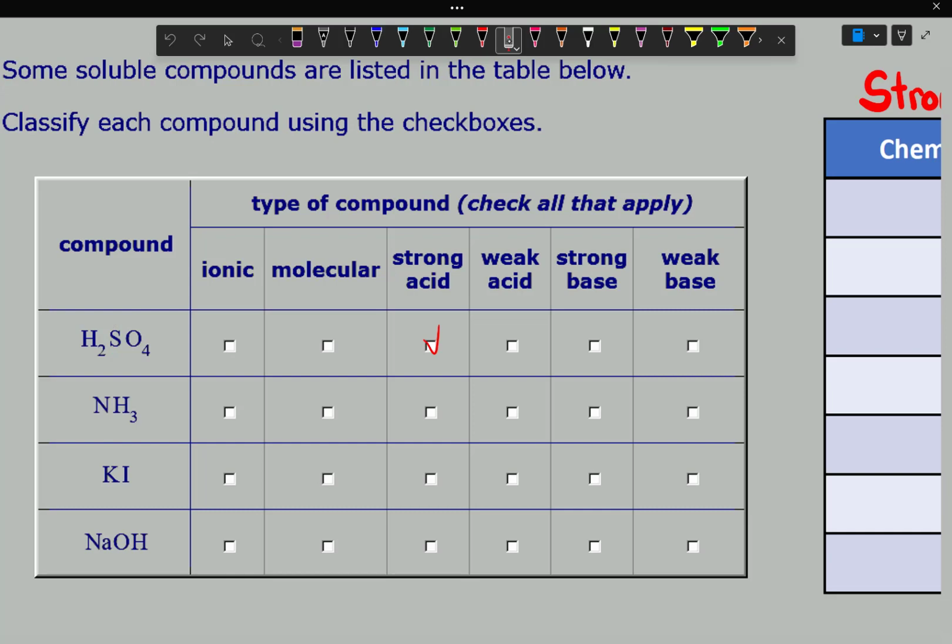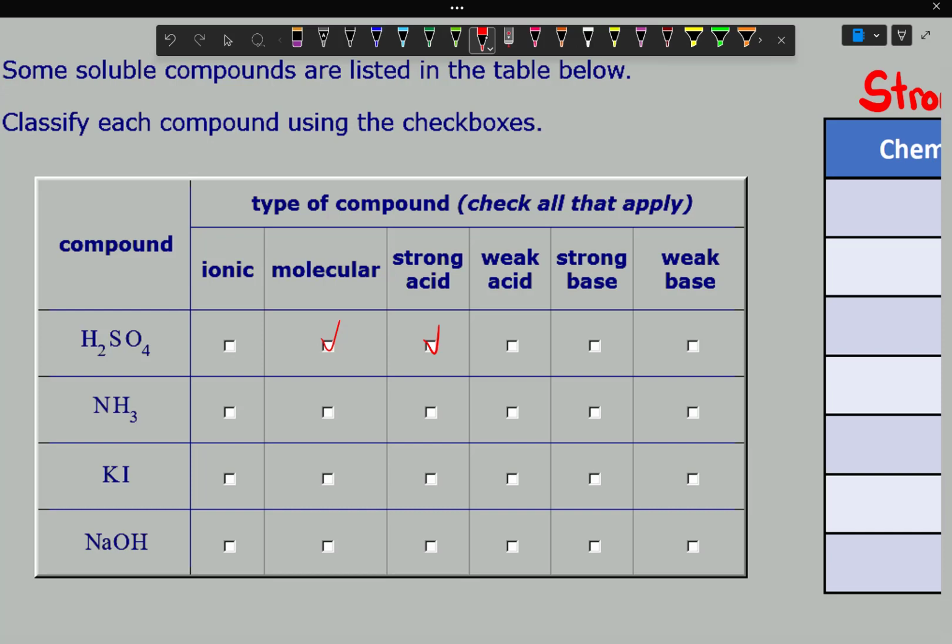Neither one of those is a metal, so it can't be ionic, because an ionic compound consists of a metal cation and an anion of some sort, right? It's a metal and a non-metal. H2SO4 does not have a metal, so therefore it is a molecular compound.